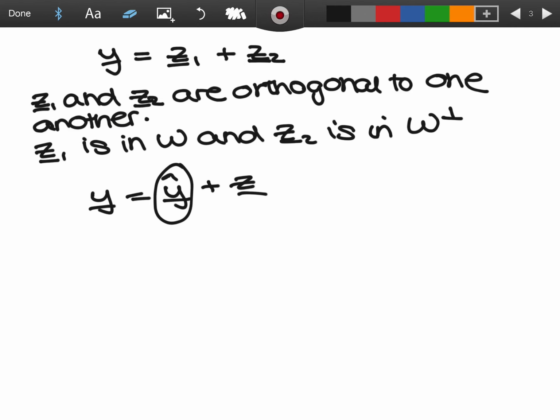So what I'm going to do now is there is a theorem called the orthogonal decomposition theorem. It's just an extension of what we did in 6.2.